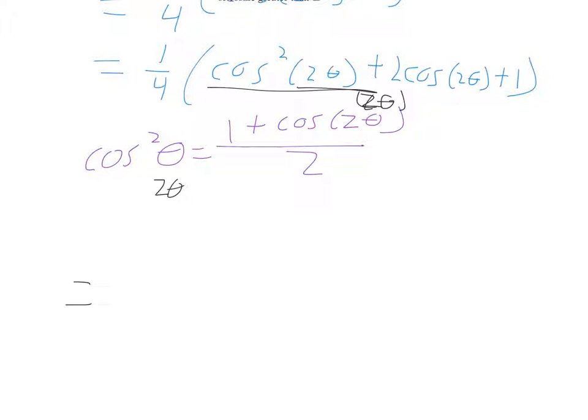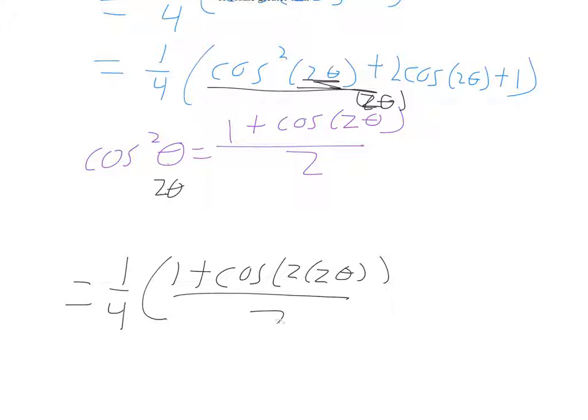So, this would be equal to 1/4. And then cosine squared of 2 theta would just be 1 plus the cosine of 2 times 2 theta, because remember, it's 2 theta on the inside, so everywhere there's a theta, we have to plug in 2 theta, all over 2, plus 2 cosine of 2 theta plus 1.